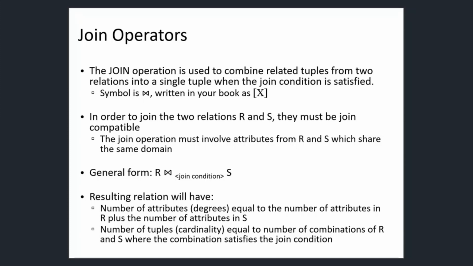The resulting relation is going to have a number of attributes equal to the number of attributes in both relations. The number of tuples will be equal to the number of combinations of R and S that meet our join condition. And we're going to look at a number of examples for each type of join operation over the upcoming slides.